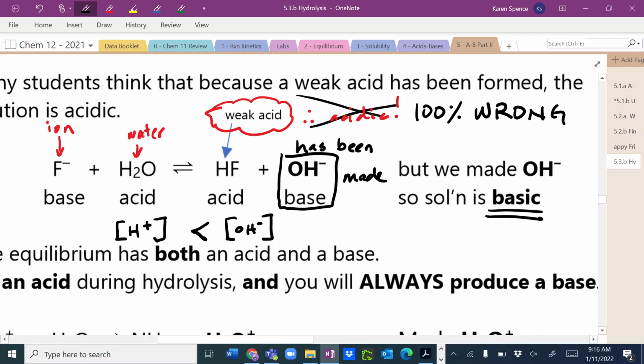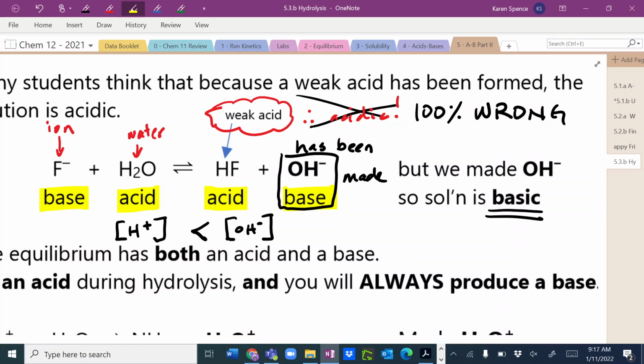Another way to look at this is that every single Bronsted-Lowry acid-base equilibrium has an acid on both sides and a base on both sides. So no matter what, you're always going to have an acid in your products. You won't be able to tell whether you have an acidic or basic solution by whether you have an acid in the product, because there's an acid everywhere.